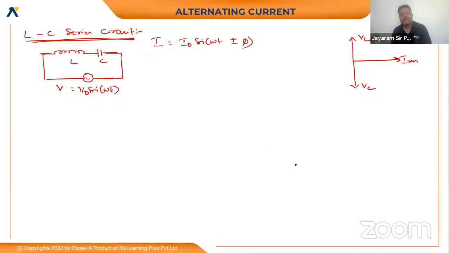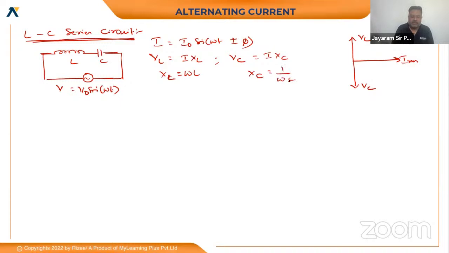Why plus or minus? If inductance is dominant, then it will be minus. If capacitor is dominant, then it will be plus. The potential drop across the inductor can be written as I into XL. Similarly, the potential drop across the capacitor can be written as I into XC. And we know the values of XC and XL, where XL is equal to omega L, and XC is equal to 1 by omega C.